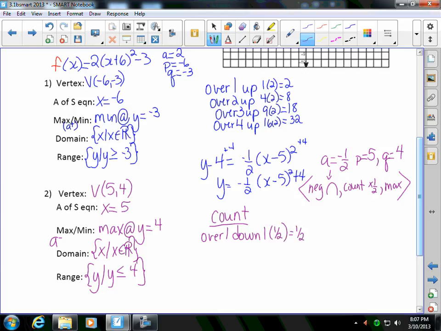And again, it doesn't really matter when you're doing this if you write this in as a positive 1/2 or a negative 1/2. I'll just leave it as a negative just to keep consistent from the last example. So over 2 normally would be down 4, but I have that negative 1/2 a, so I have to multiply it by negative half, so it'll be a negative 2.